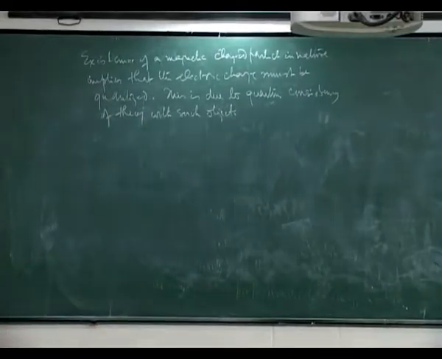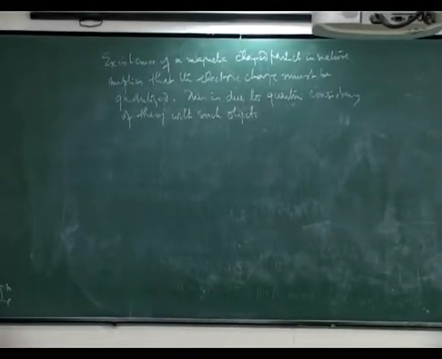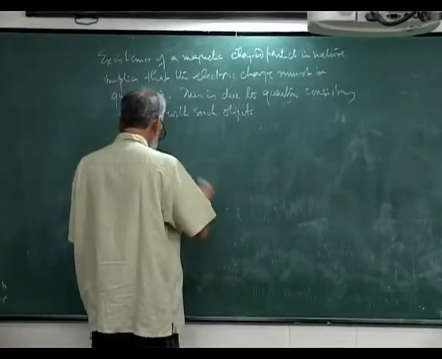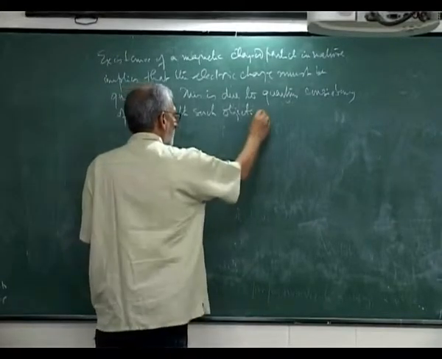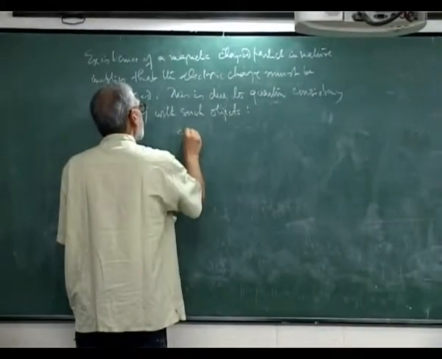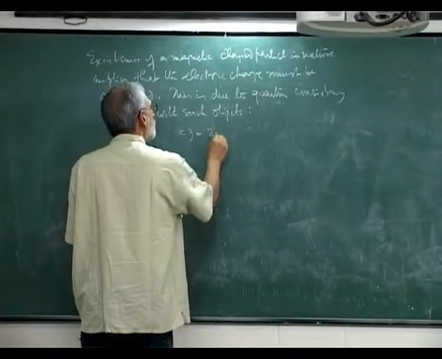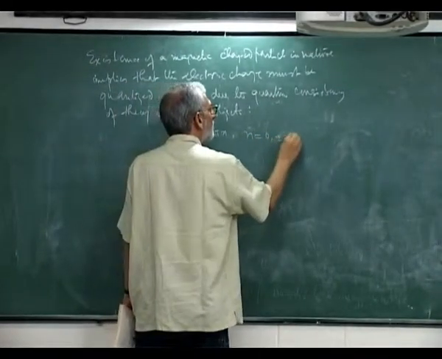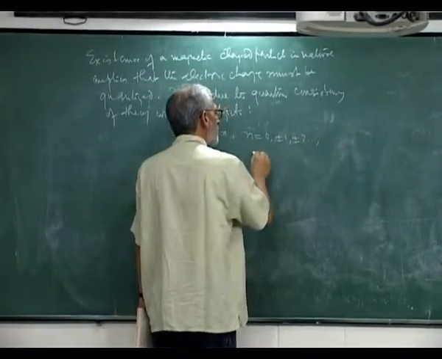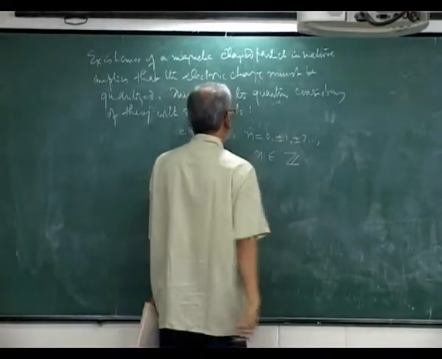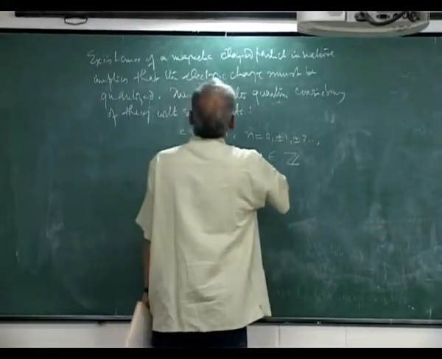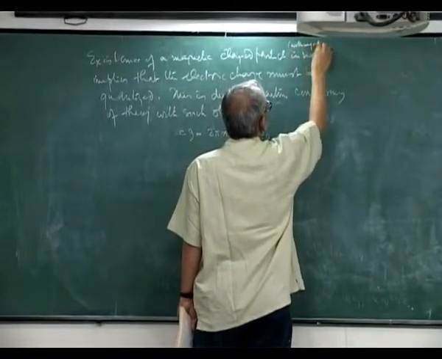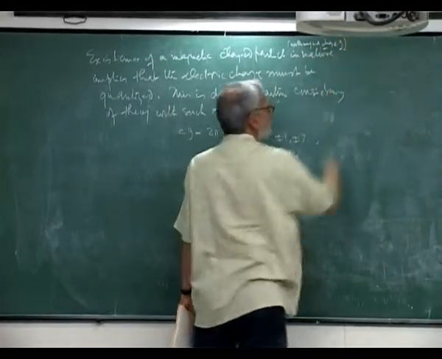It's a quantum theory that tells us this. And the quantization is in the following way: e times g is 2π times n, where n is 0, ±1, ±2, which means n is in the set of integers, and g is the magnetic charge of the particle.